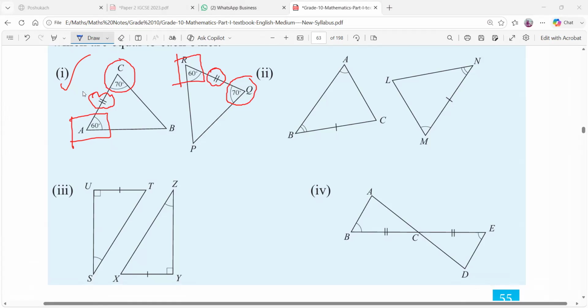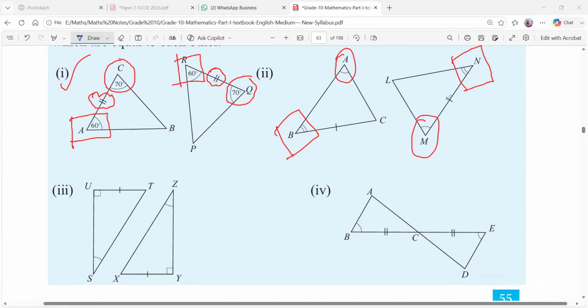Second one, what can you say? One angle doesn't matter. Here one angle A, here one angle. There's another angle there.